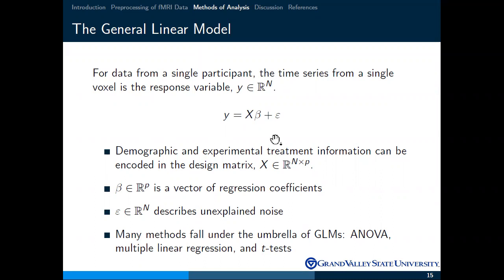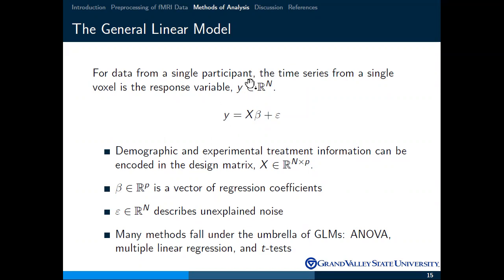For this type of analysis, if we had data on a single subject, Y is going to be the BOLD signal observed for a single voxel across time. We're assuming we have capital N time points from this fMRI data, which typically ranges from 200 to roughly 1,000 time points for a single subject.